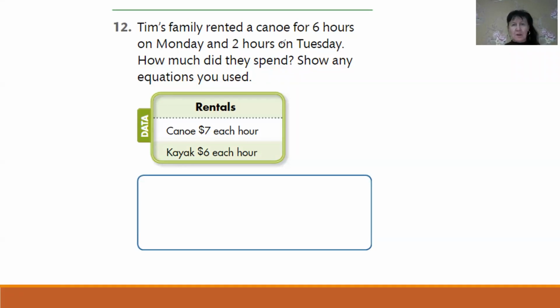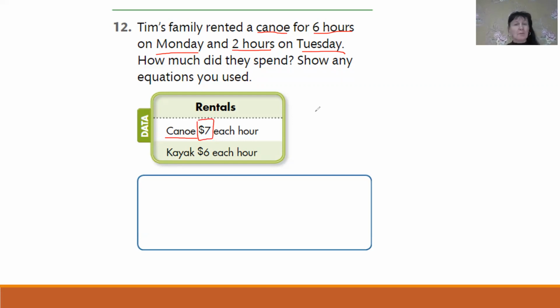Let us read very carefully and underline some key facts. Tim's family rented a canoe, that word is pronounced like this, canoe, for 6 hours on Monday and 2 hours on Tuesday. How much money did they spend? Now we look at this data and we see that the canoe cost $7 each hour.